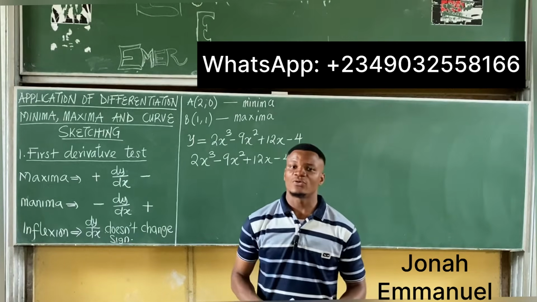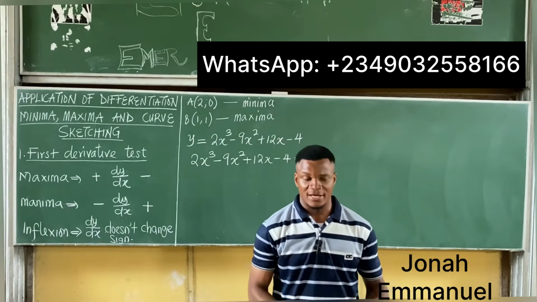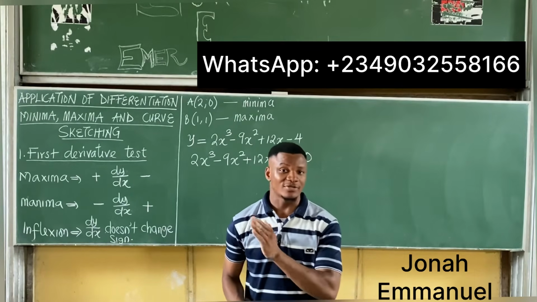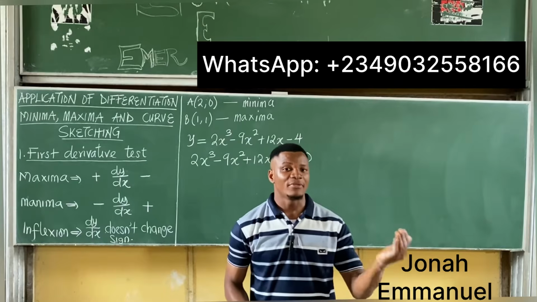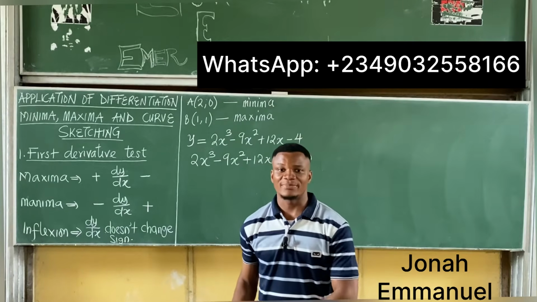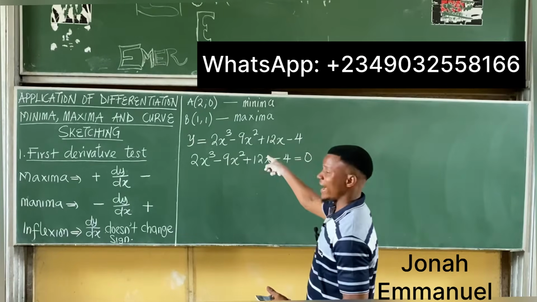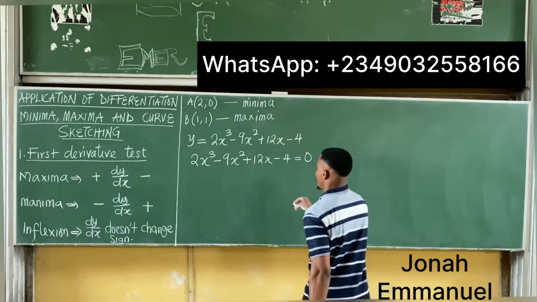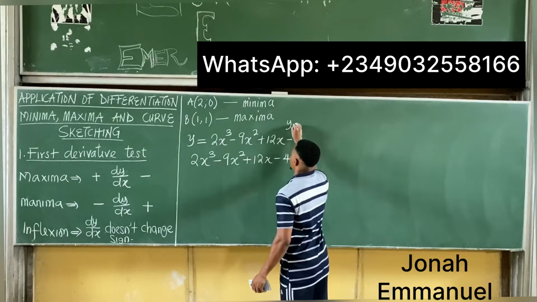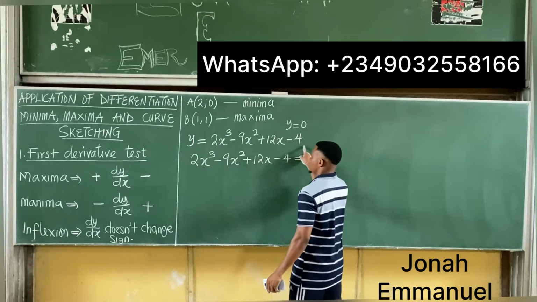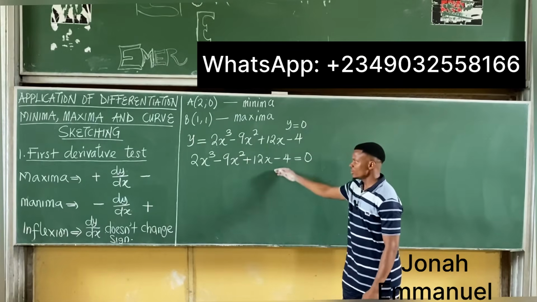Turning point is used to find minima and maxima, and for turning point, it is dy over dx that is equal to 0. The second concept is looking for the root of the equation. For root of the equation, it is now y that's equal to 0. So at this point we'll let y be equal to 0, which means this expression is equal to 0. So let's solve this equation.